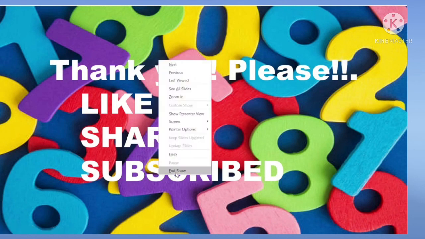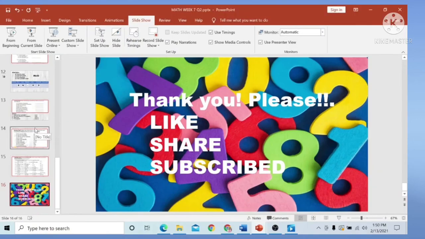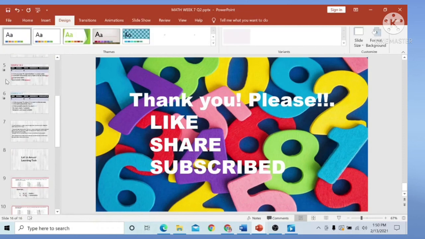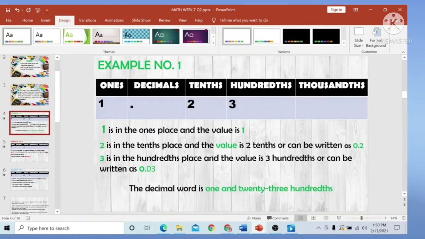Okay, so that's all for our topic for this week. I hope naintindihan. So balikan nyo na lamang itong mga example. Ayan. So ones, decimal, tenths. Gagawa lang kayo niyan para matandaan nyo yung mga place value. Gagawa kayo ng table. Ayan. So basta tatandaan po, after ng decimal, yung tenths, hundredths, and thousandths.